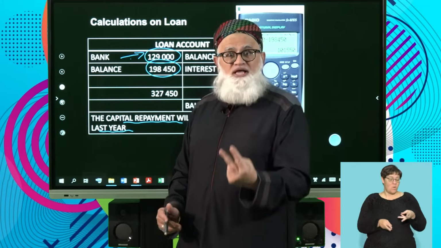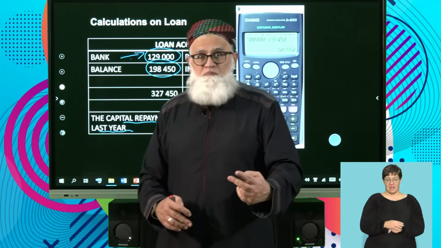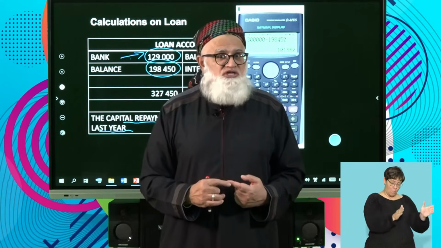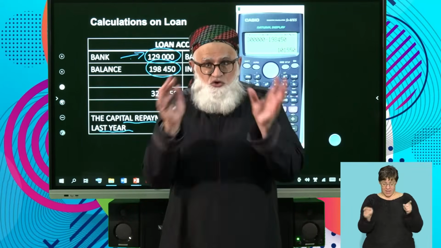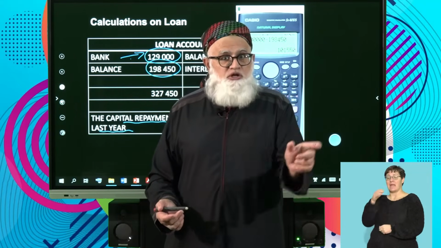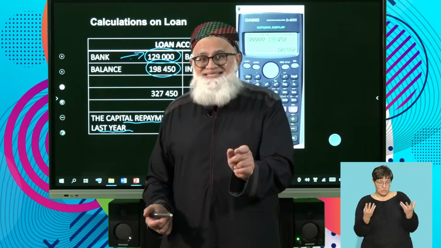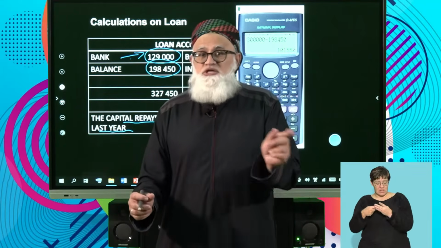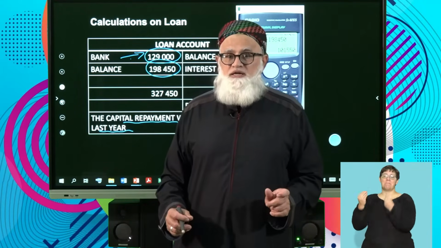So there are two ways of verifying the capital repayment. One, you compare your opening to your closing balance, if you have all the information. And two, you take your bank figure, your total payments, which has capital plus interest in it, minus your interest to give you your capital repayment.